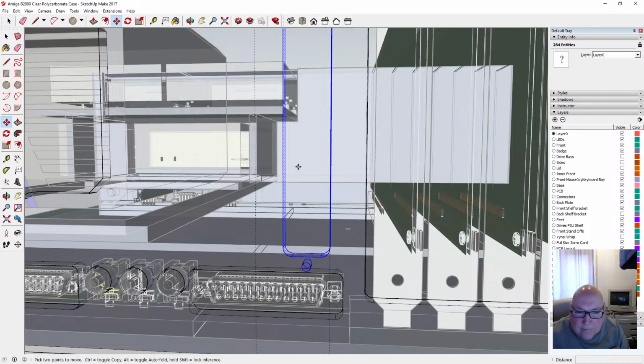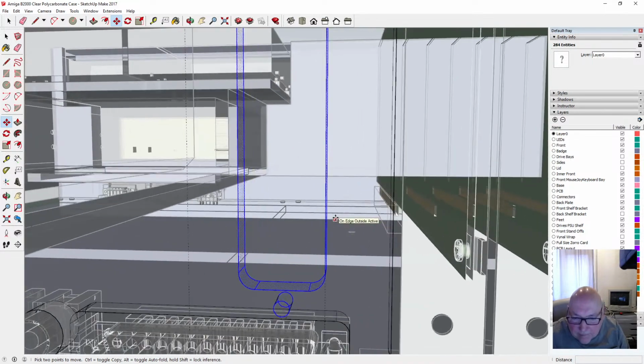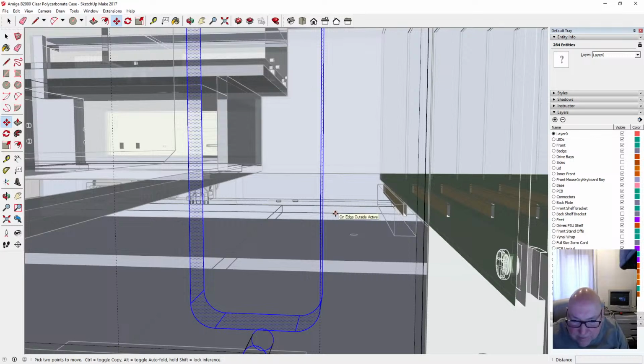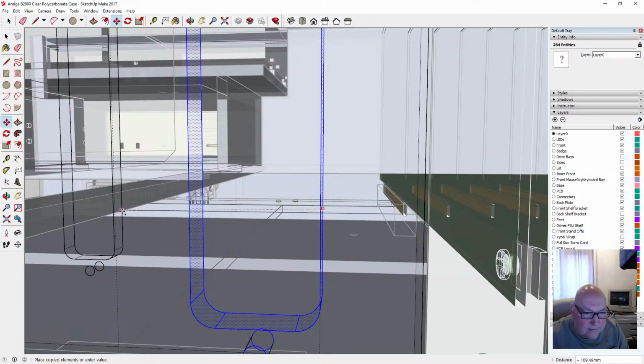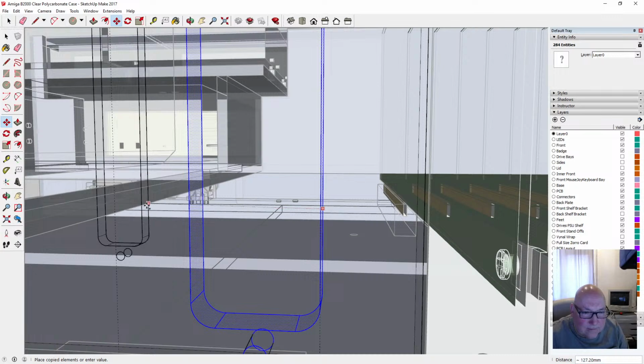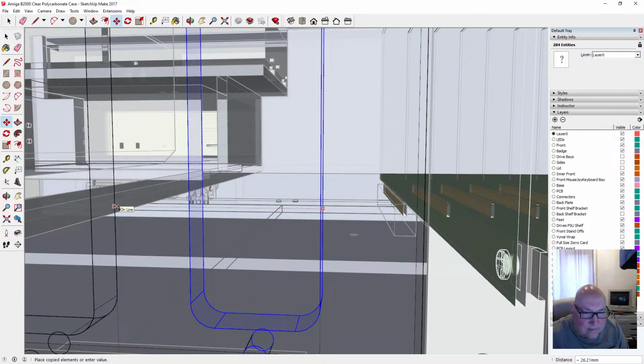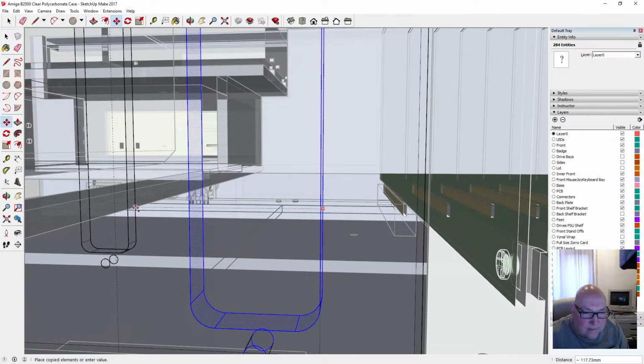9.5. So I can't get the edge of it now. Which is the edge? Right, here we go. So let's copy that to there. No, we're on the wrong edge.